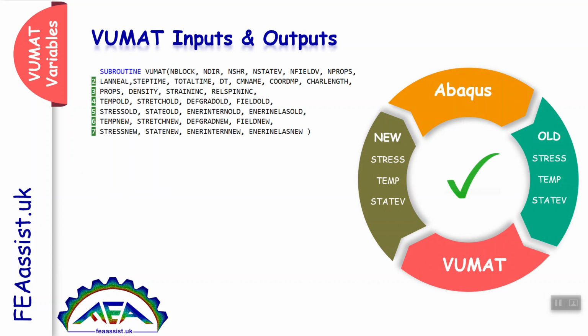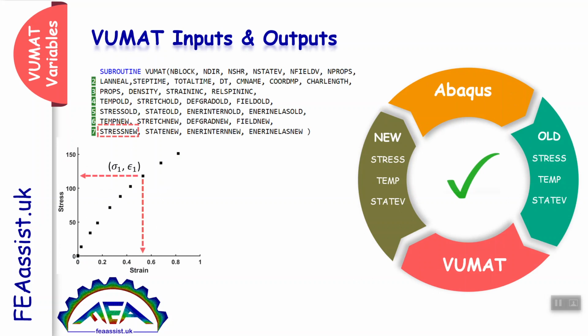Here we explain one of the most important variables of the VUMAT subroutine, which is stress, and here stressNew. Consider you have a stress and a strain at this point, and you want to predict and compute the stress at the next point. What can you do?